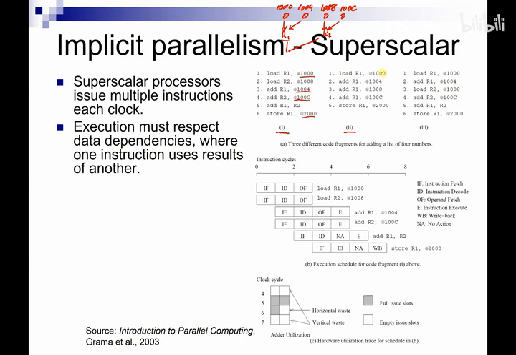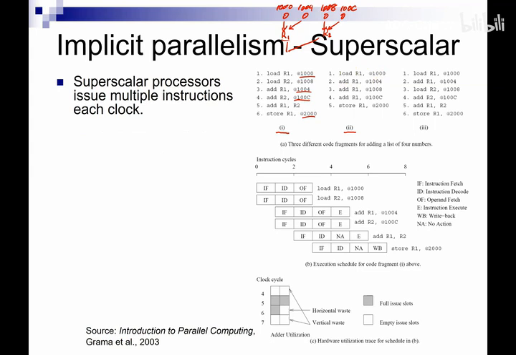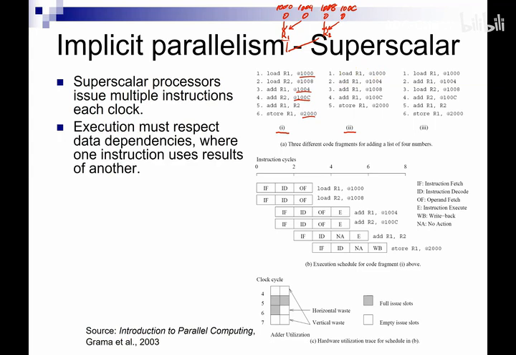So you first have to load the value at 1000 into register 1 before you can do the second instruction. Likewise, you have to do the third instruction after the second instruction. You have to add the value at 1004 into R1 before you can add the value from 1008. So here all of the instructions are dependent on each other: 1, 2, 3, 4, 5. You have to do them in that order.